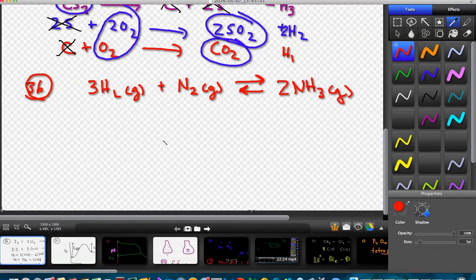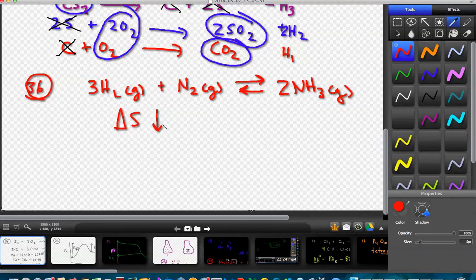And so 36 says, using only chemical logic and assuming the above reaction is spontaneous, what conclusions can we make regarding entropy and enthalpy? Well, entropy is easy. We go from 4 moles of gas to 2 moles of gas. Delta S must decrease.